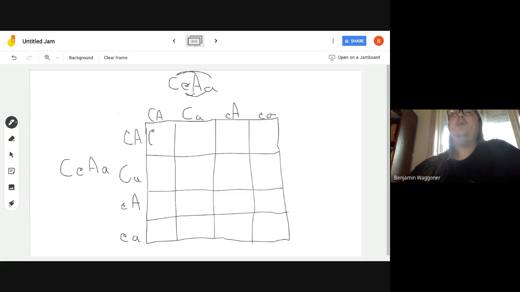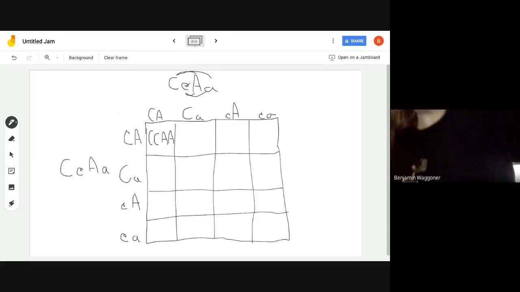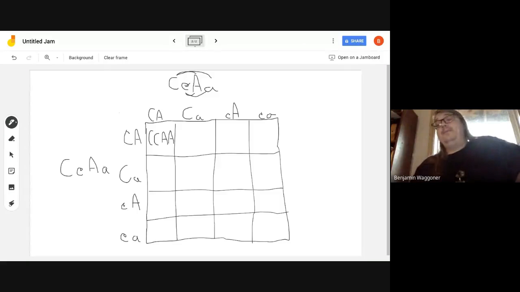And so here we put big C, big C, big A, because we sort the letters. That corresponds to a mouse that has color in its fur. So that mouse will be colorful. And it's homozygous dominant for the agouti phenotype. So that mouse is going to have agouti fur.